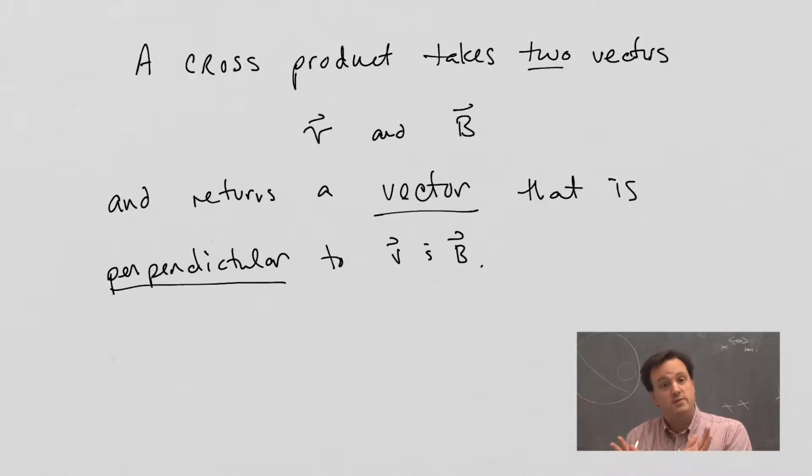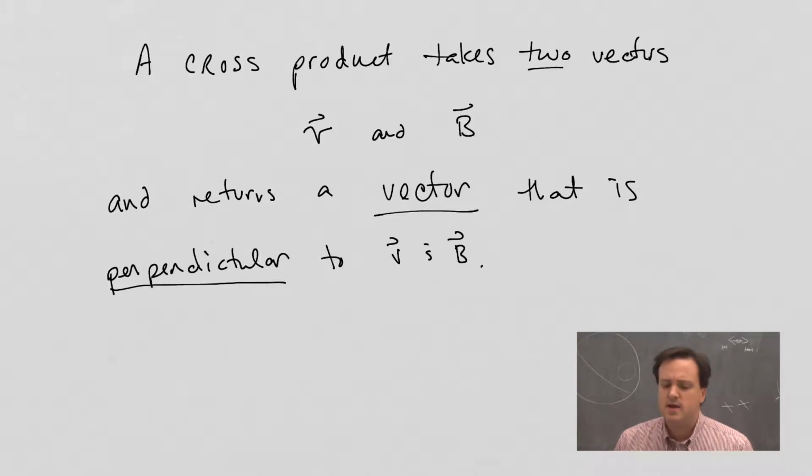So the more perpendicular something is, the greater the magnitude of the cross product. But it also gives me information about direction, because the result of a cross product is a vector. And so the result of the cross product has both magnitude, which corresponds to how perpendicular, and direction, which tells me the relative orientation of the two vectors.